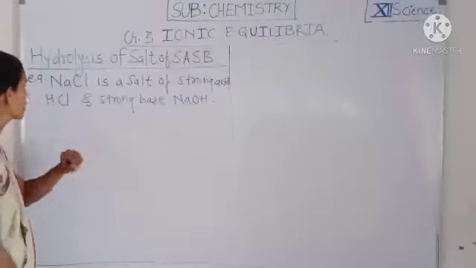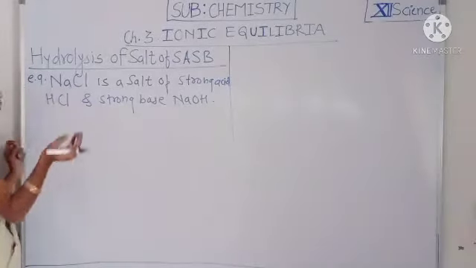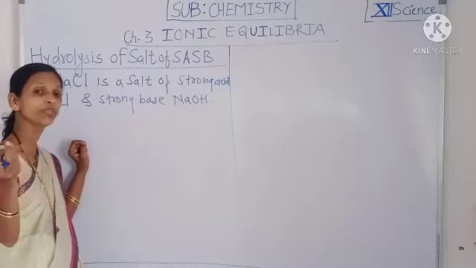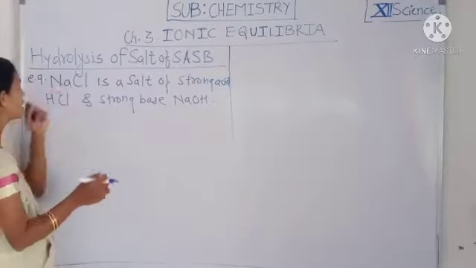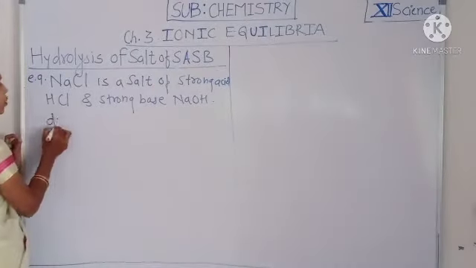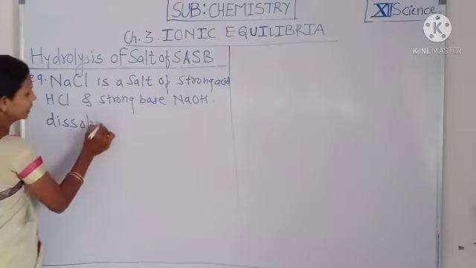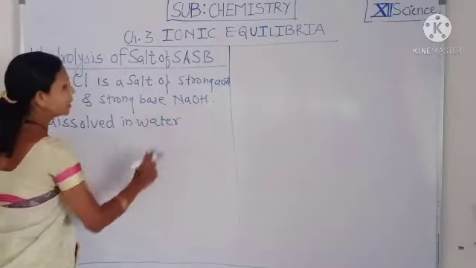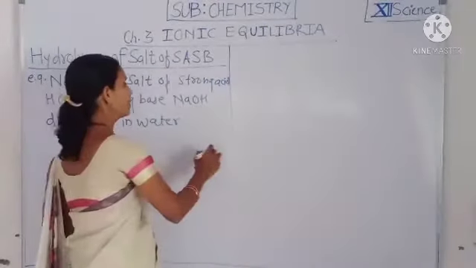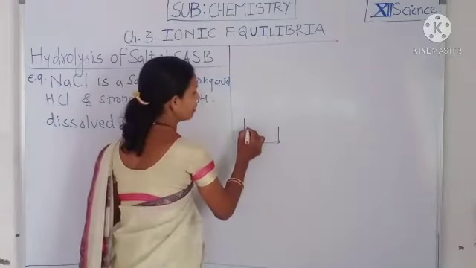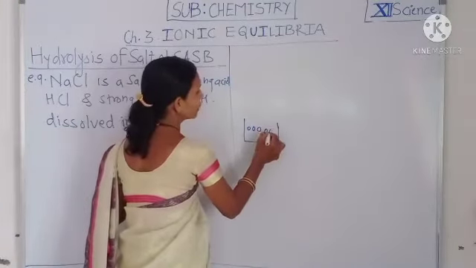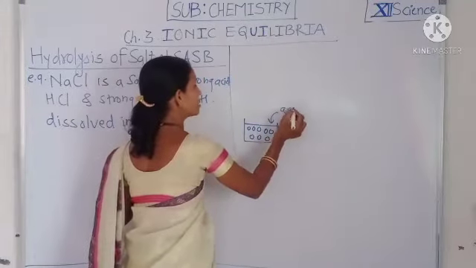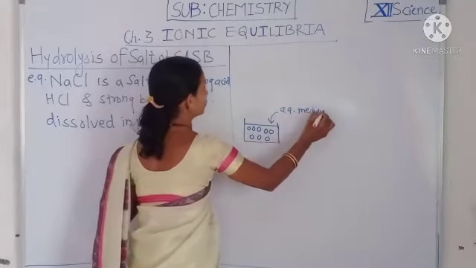Then see here, NaCl is common salt, which is used in food. When this NaCl is dissolved in water at a given temperature, the moles of NaCl dissolve in the aqueous medium.